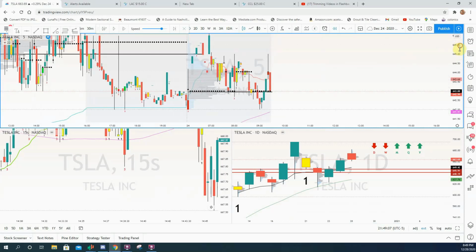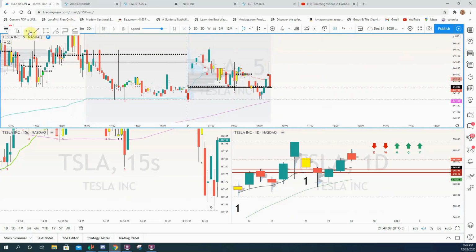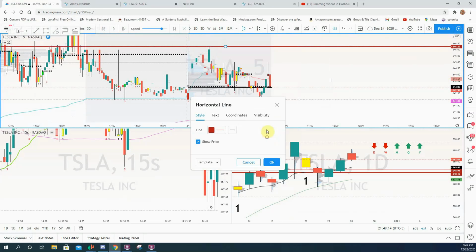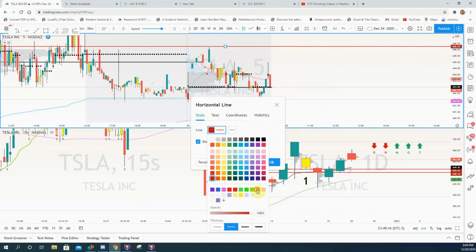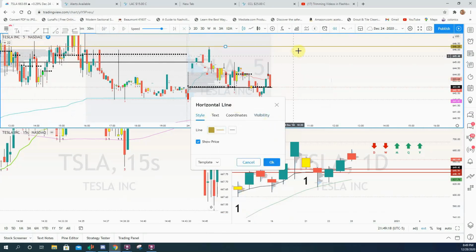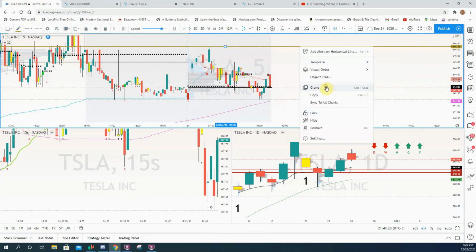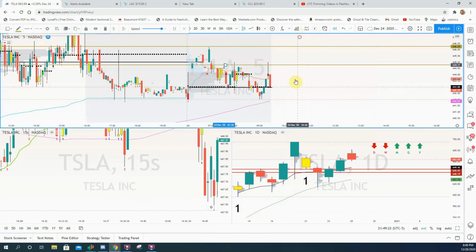And just so you can see this a little bit better, I'm going to mark the pre-market volume profile here, kind of the range, get the bottom of that range.